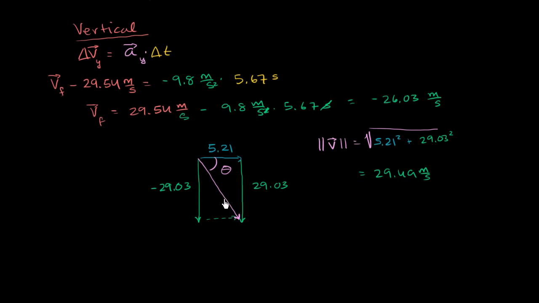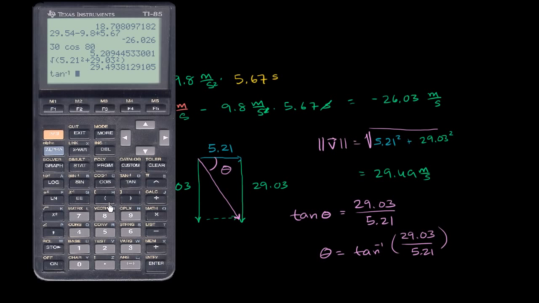So if we view it as a positive angle, just in the traditional trigonometric way, we could use any of the trig functions. We could even use tangent. Let's use tangent. The tangent of the angle is equal to the opposite over the adjacent, which is 29.03 over 5.21. Or theta is equal to the inverse tangent, or arctangent, of 29.03 over 5.21.